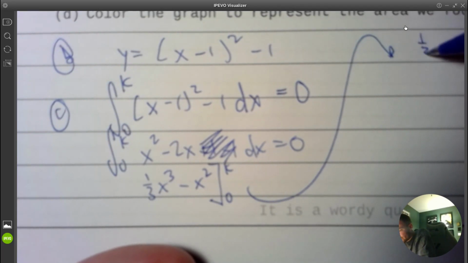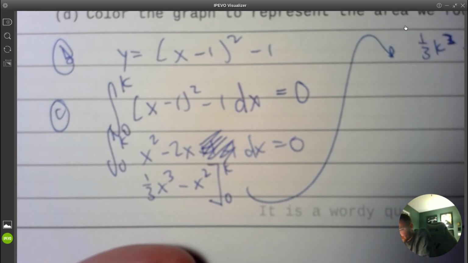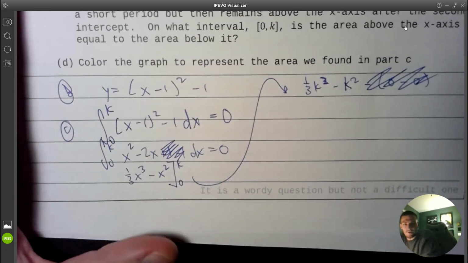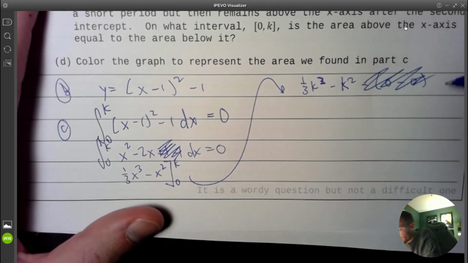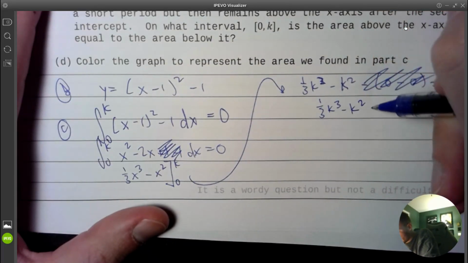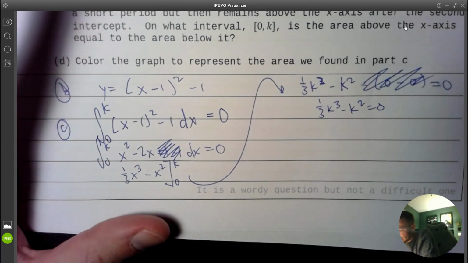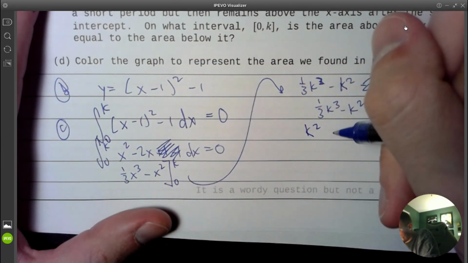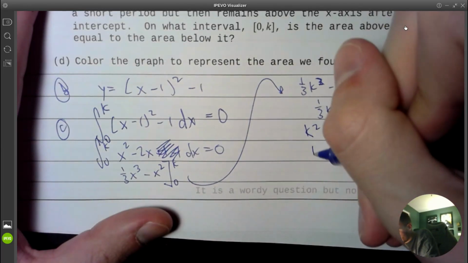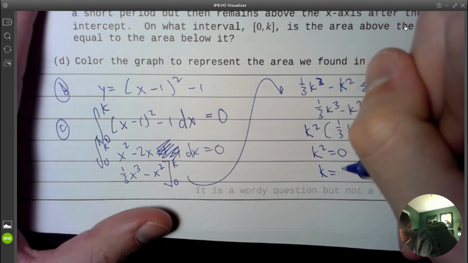Plug in my k: 1/3 k cubed minus k squared, minus 0 minus 0. This is all equal to 0. Factoring time. GCF, k squared times 1/3 k minus 1 equals 0. K squared equals 0, so k equals 0.